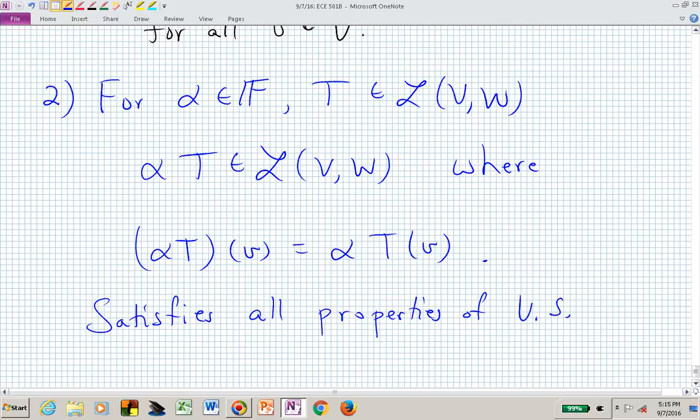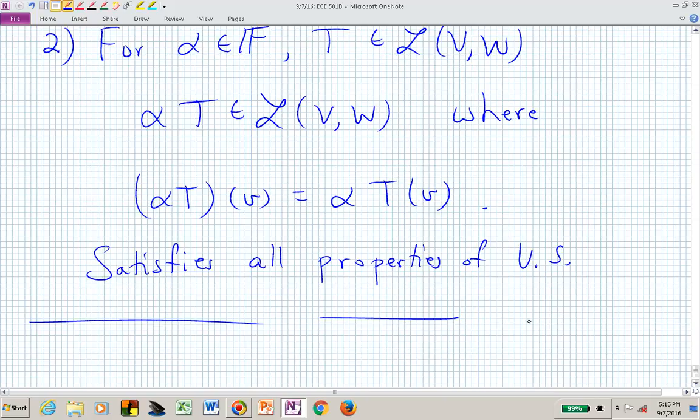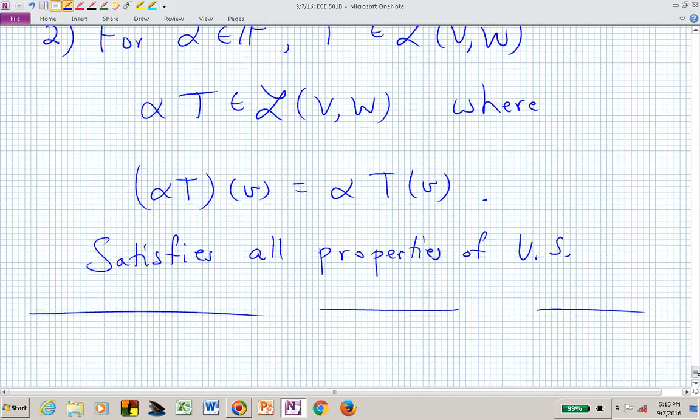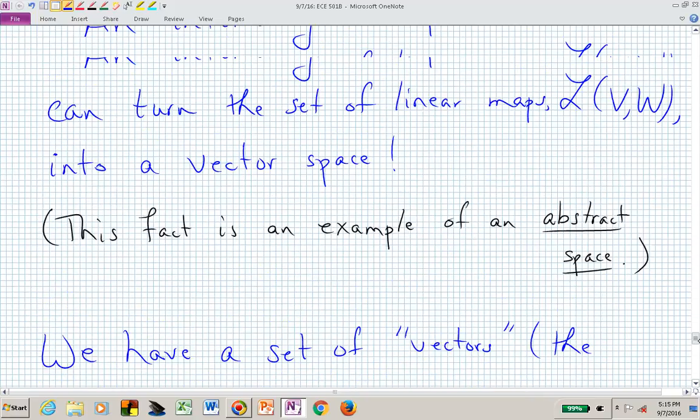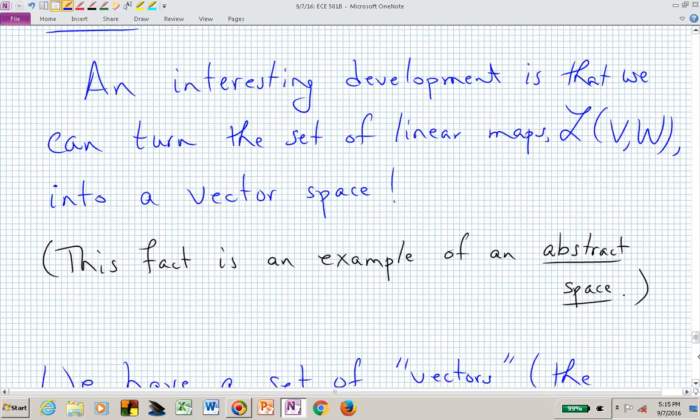So this set of linear maps can actually be a vector space.